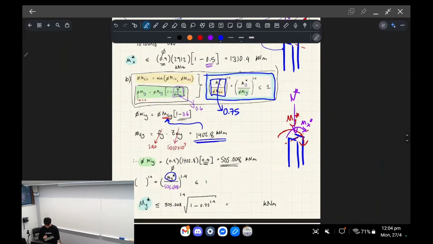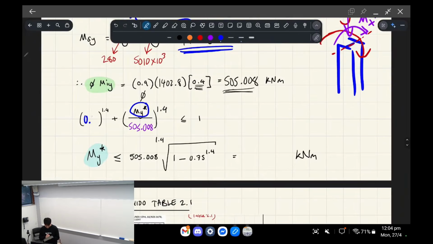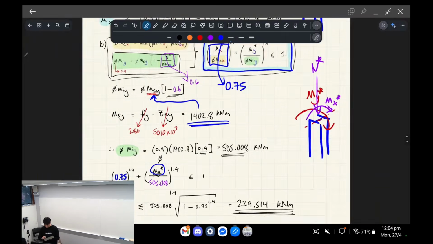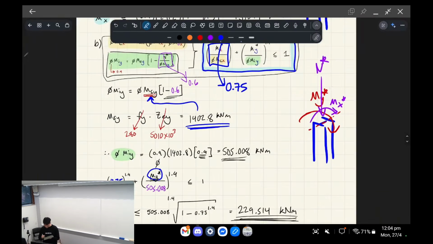So you put 0.75 into this bracket, raise it to the power of 1.4, and then you just rearrange this equation. It looks like that if you solve for My, and you get 229.514 kilonewton meters. So that's the maximum amount of bending in the y direction that you can apply onto this column before it breaks.